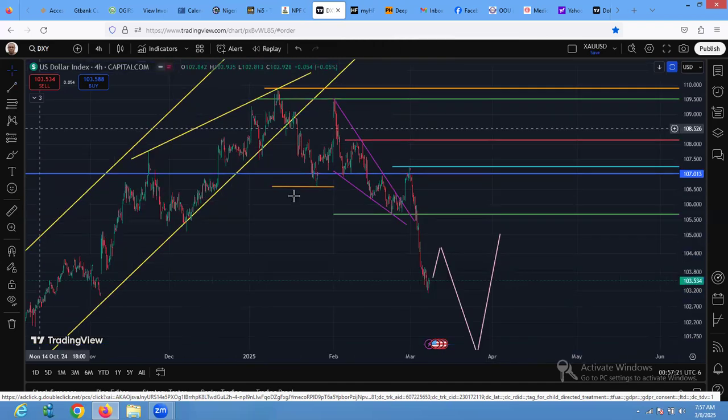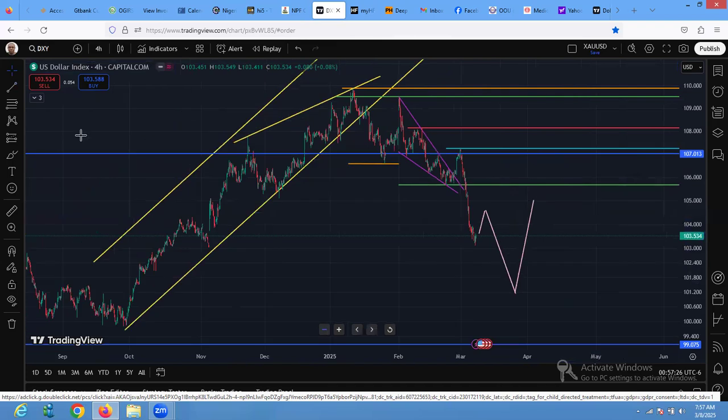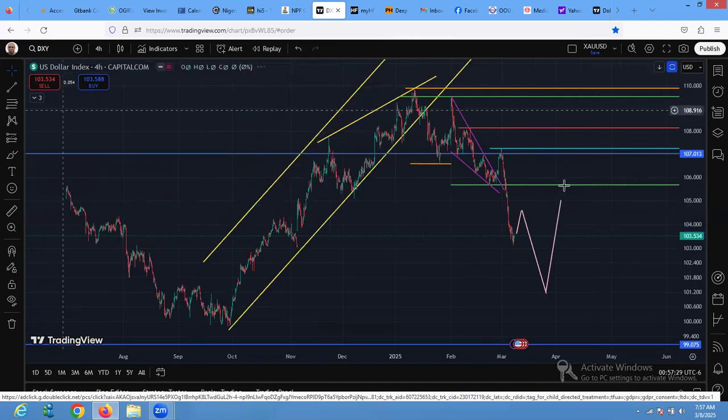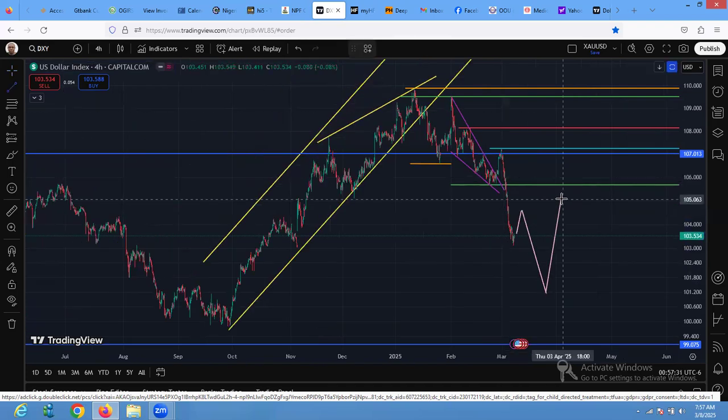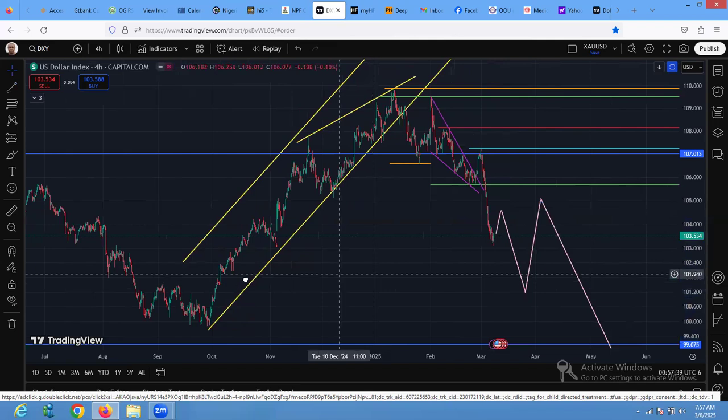Then we now go for the fifth wave in the bigger cycle. And after this fifth wave in the bigger cycle, we now have an ABC correction.